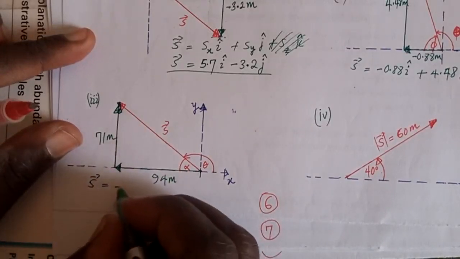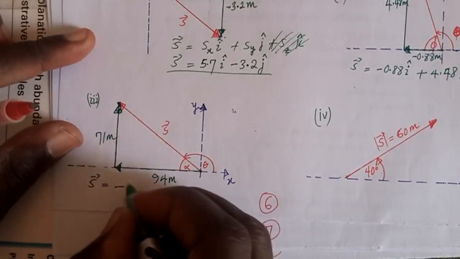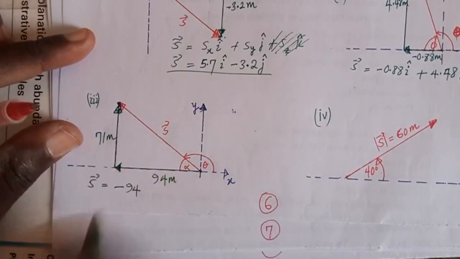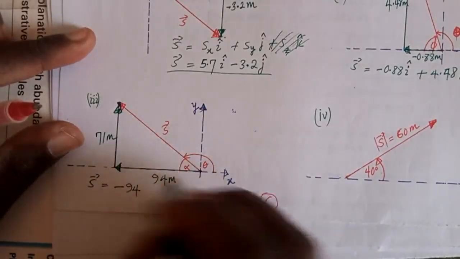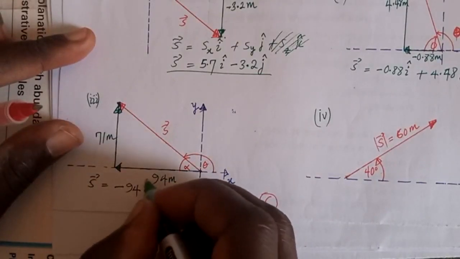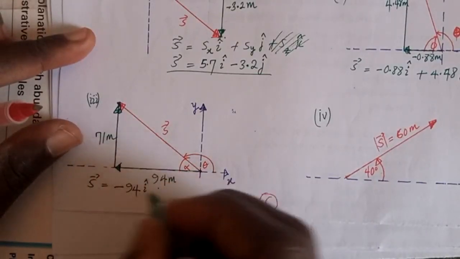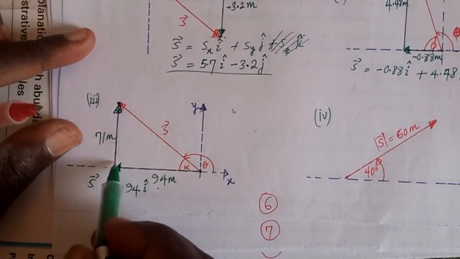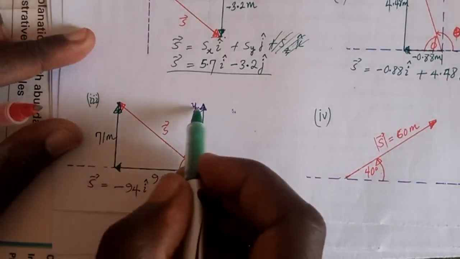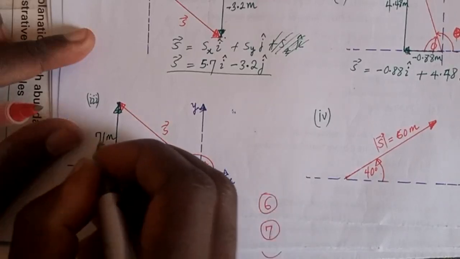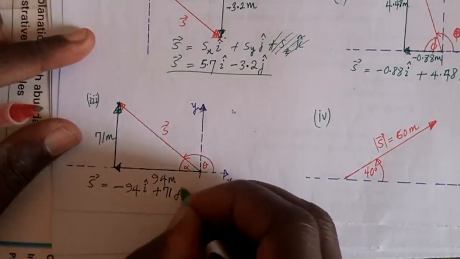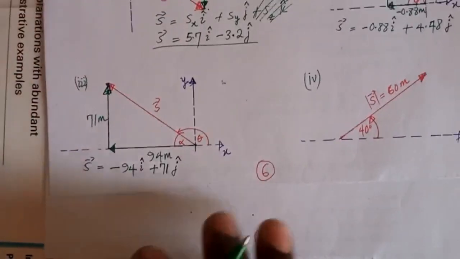So I will say negative, then I bring this 94. You can see that we are ignoring the unit for simplicity. Then along the x-axis, my unit vector is i cap. Then along the y, look at its component along the y, positive y. So I will say plus 71, unit vector j cap. That is it. I solved this one.